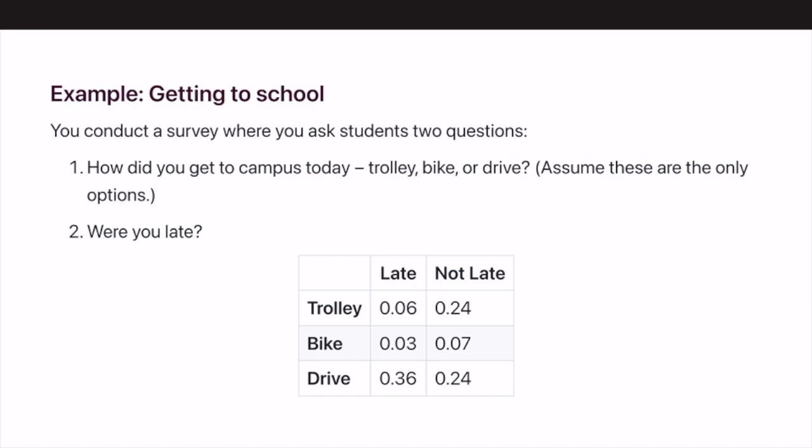How did you get to campus today? That's either a trolley, bike, or drive. These are the only three options that exist in this world, let's just say. Those are the only three possible things that students could do. And then if you were late or not. So that's the questionnaire that we asked.